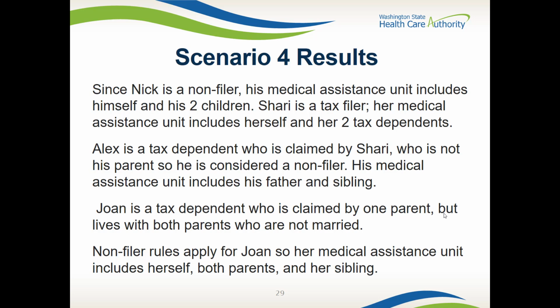Both Alex and John are treated as non-filers because they both meet an exception to the tax dependent rule. Alex is neither the spouse or the child of the tax filer, Sherry. And John is a child under age 19 who resides with both parents, and those parents do not file a joint tax return.